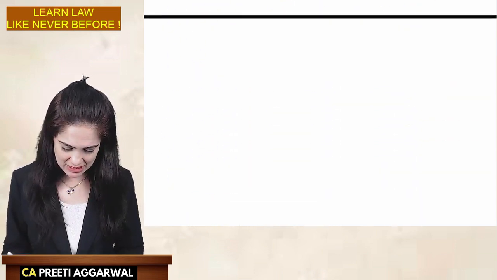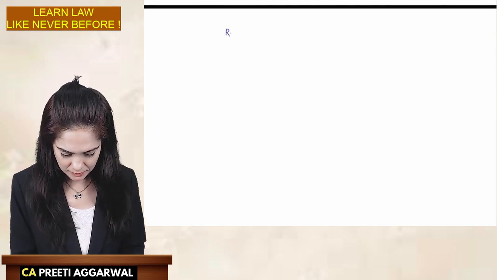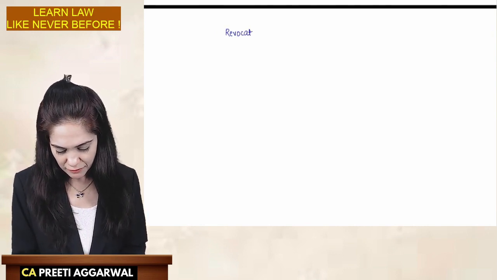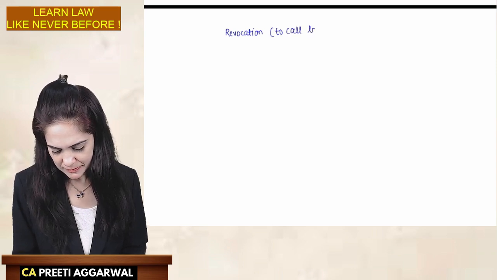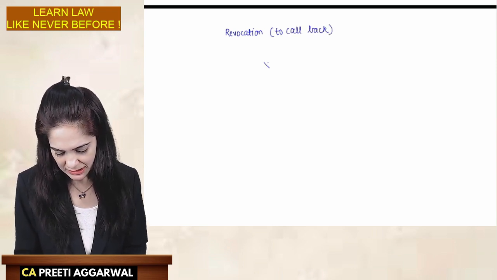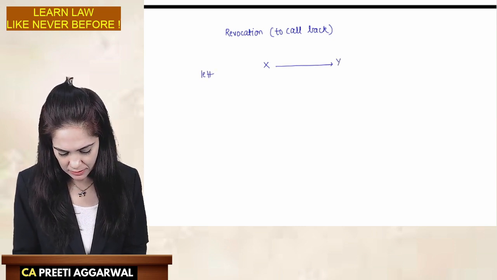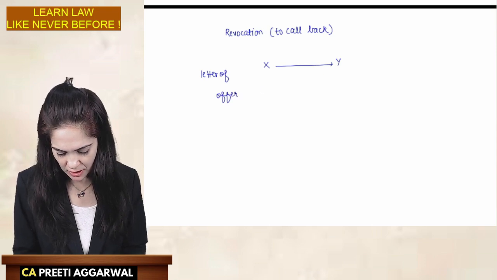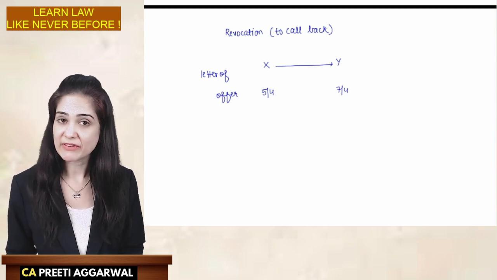So let us discuss revocation of offer and acceptance. Revocation means to call back. X gave an offer to Y. He posted the letter of offer on 5th of April. It reached Y on 7th of April.